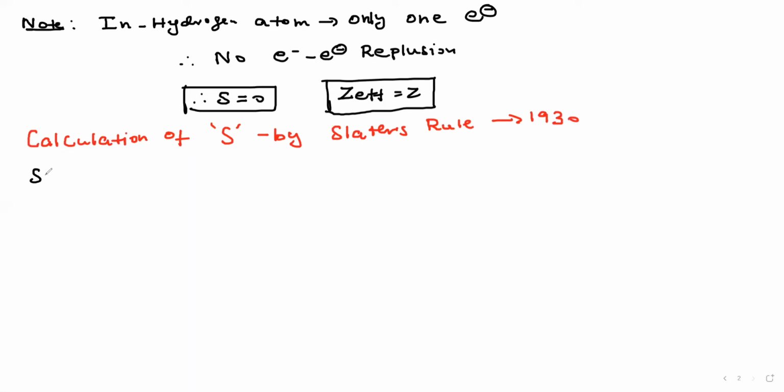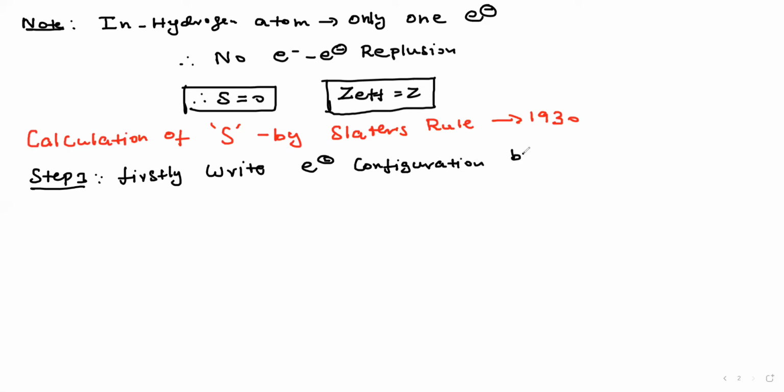Step 1: firstly, write the electronic configuration by the Hund and Aufbau rule. Last class I discussed, right? What is the Aufbau principle?